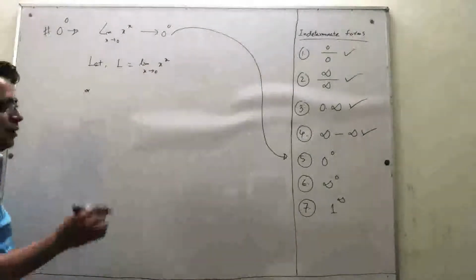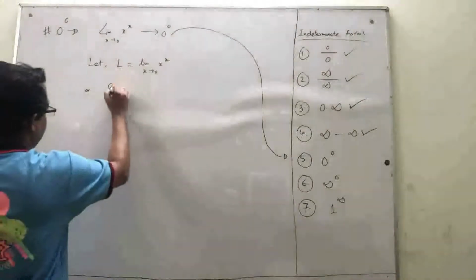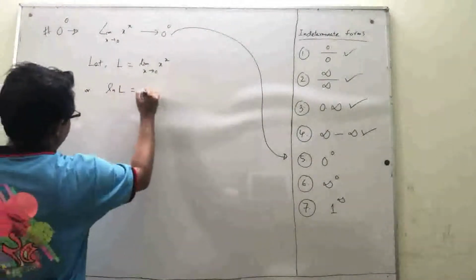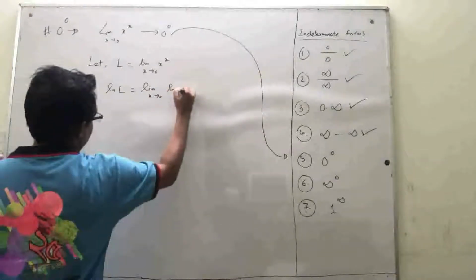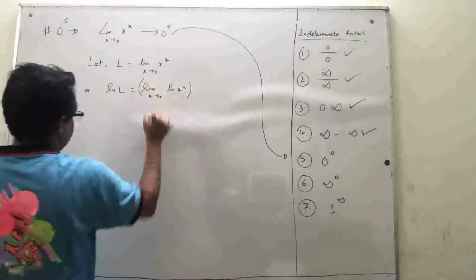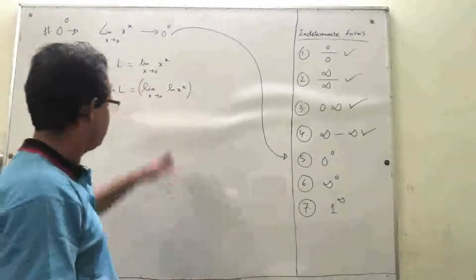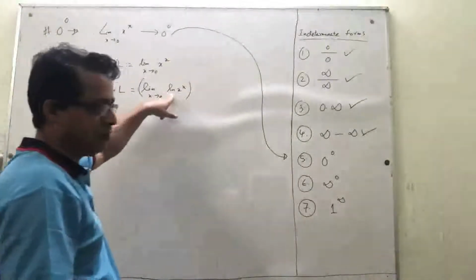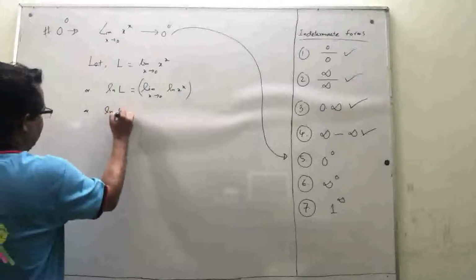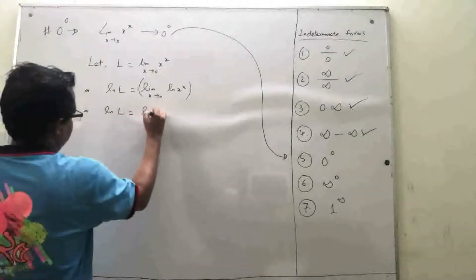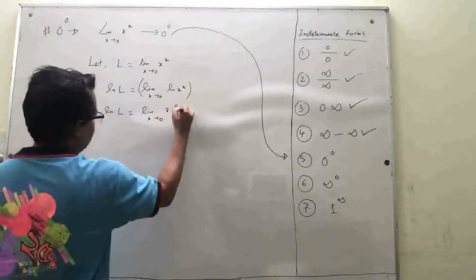Now taking natural logarithm on both sides, we get ln L equal to limit x tends to 0 ln of x to the power x. With the properties of limit, we can put ln before x to the power x. Now with the properties of logarithm, we can write ln L equal to limit of x ln x.